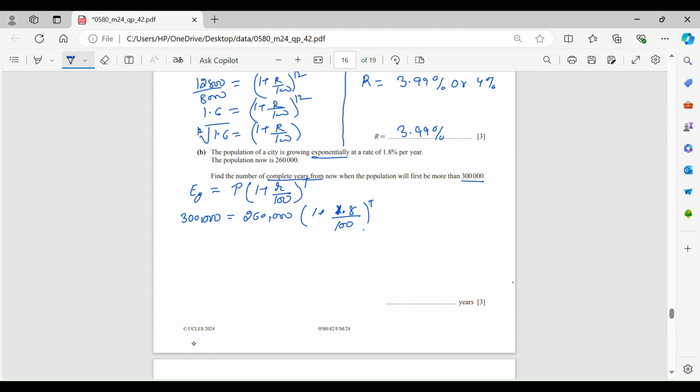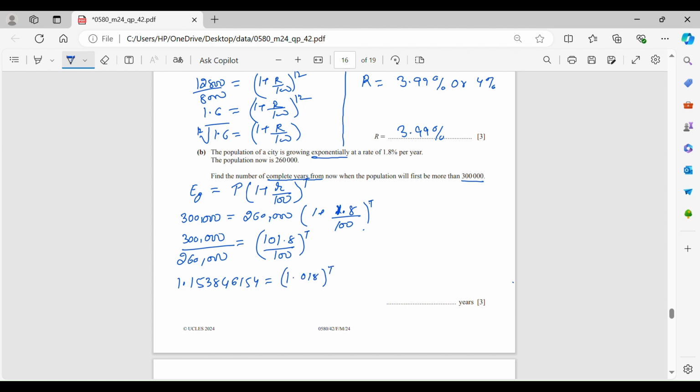This is 300,000 over 260,000 equal to (101.8 over 100) raised to the power t. We will use a calculator for this and we will find this is approximately 1.153846154, which will be equal to 1.018 raised to the power t.